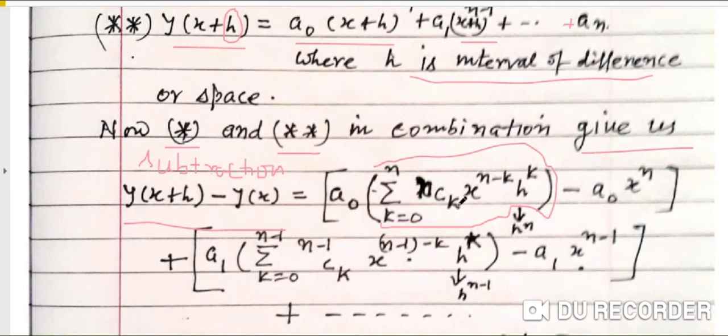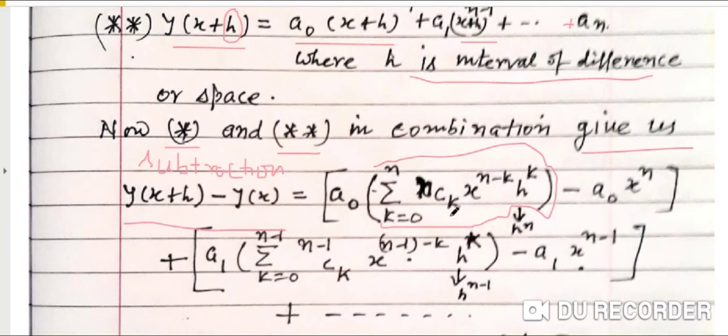If you remember, nC0 x to the power n minus 0, h to the power 0. So in the first place you get k is equal to 0. So nC0 and then x to the power n, for k is equal to 0. So the first term you get is x to the power n, and nC0 is what?